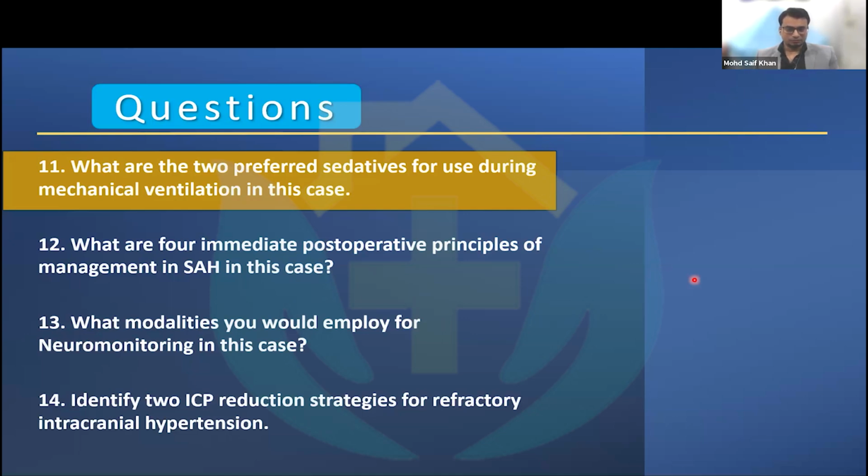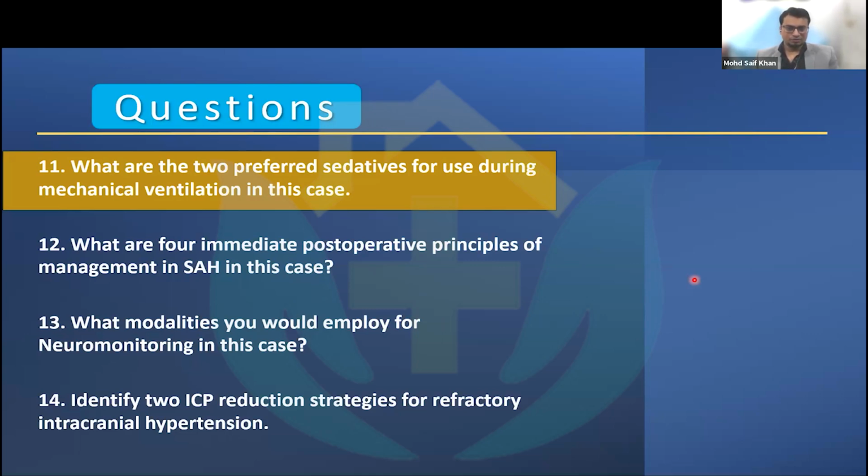Preferred means which you are using, or for which there is good evidence: propofol, thiopentone can be used, more benefit than harm. Better if you use a sedative which can be stopped so you can assess GCS.